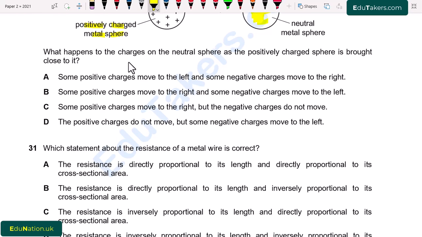MCQs A. Some positive charges move to the left and some negative charges move to the right. B. Some positive charges move to the right and some negative charges move to the left. C. Some positive charges move to the right and some negative charges do not move. D. The positive charges do not move, but some negative charges move to the left.